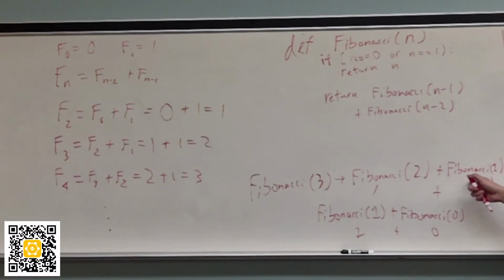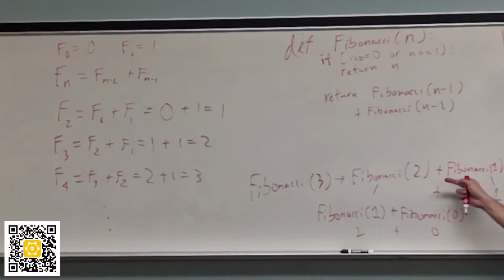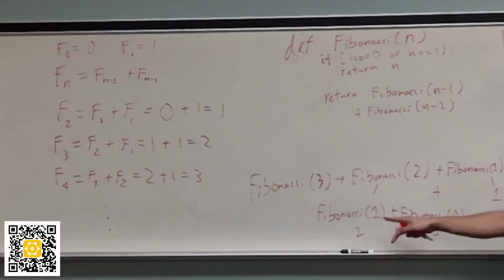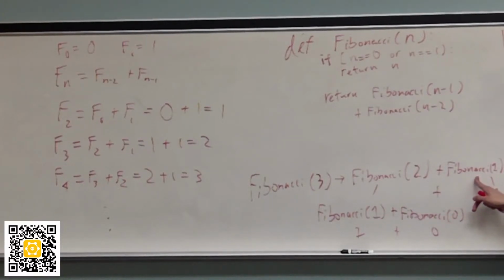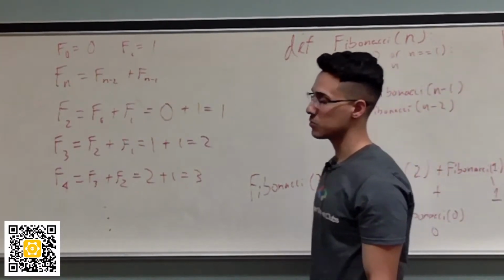So there has to be a way to avoid doing the same calculation again, to not have to calculate the same value. So what can we do? Before I give it away, what can we do?